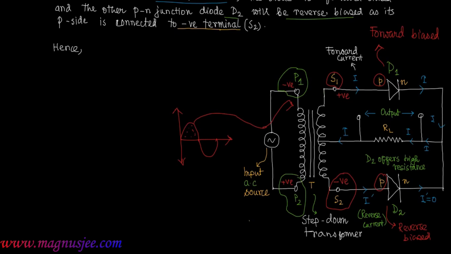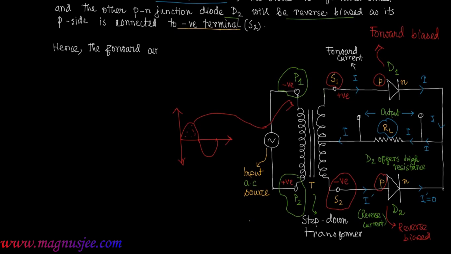That's why the current I, or forward current I, will be flowing across the load resistance RL due to the conduction of diode D1. Hence, what we can say: here, which one is the forward current?